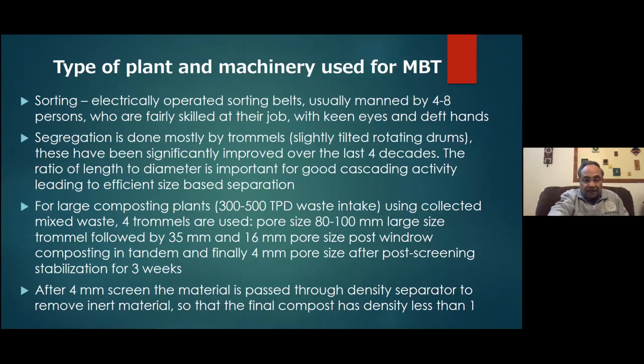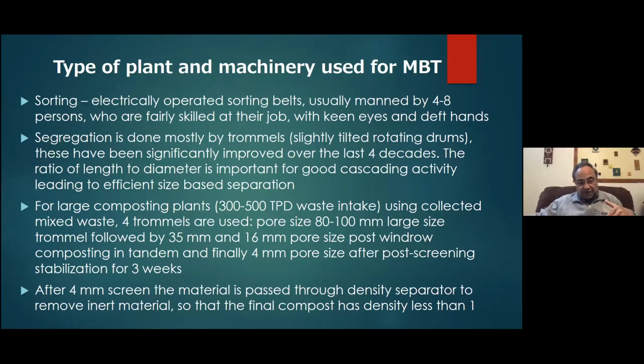So after this 35 and 16 pore size, after 3 weeks of stabilization, and thereafter finally a 4 pore size. After the 4 pore size, the material goes through a permanent magnet and a gravity separator or a destoner, so that all the inert materials are removed. With this, it is possible to achieve the FCO 2009. That was my experience.